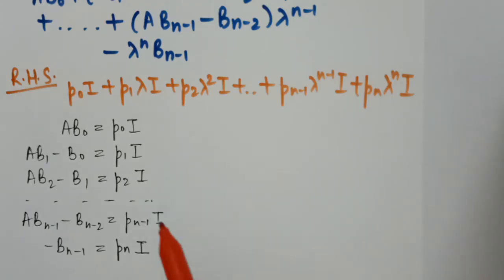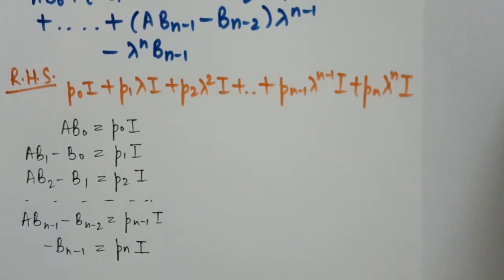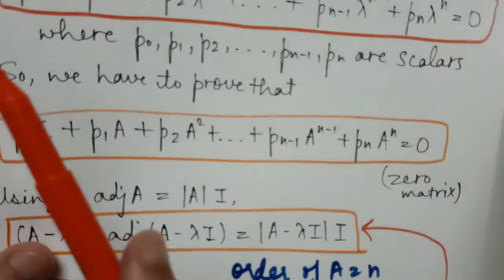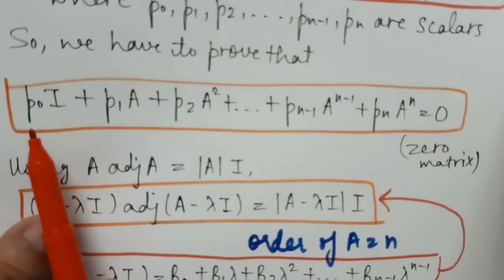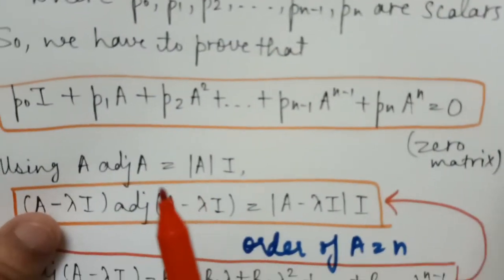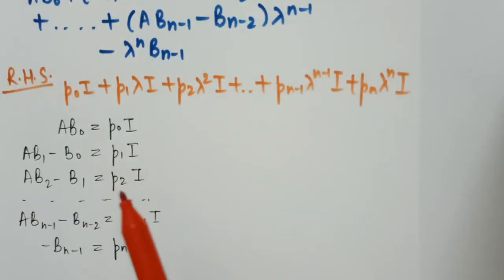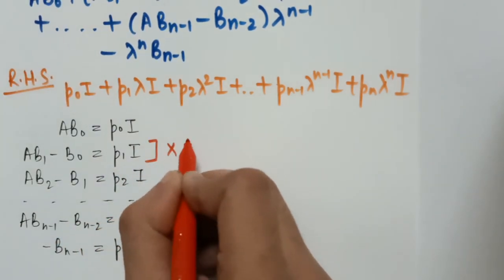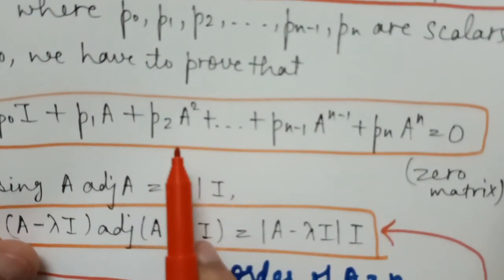Now just look at the right hand sides of these terms. Don't you remember something? What we have to prove is this equation, and it's P0 I, which is present here, and then comes the P1 A, and here's P1 I. So we can just simply multiply this equation by A, and then there's P2 A square.